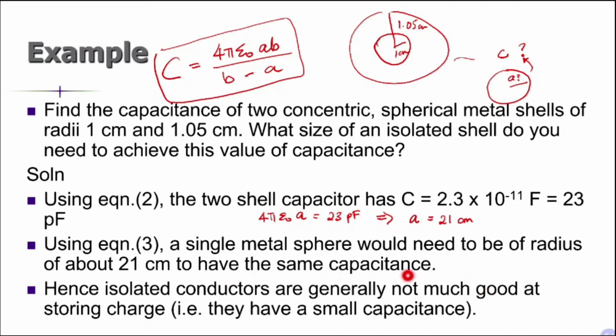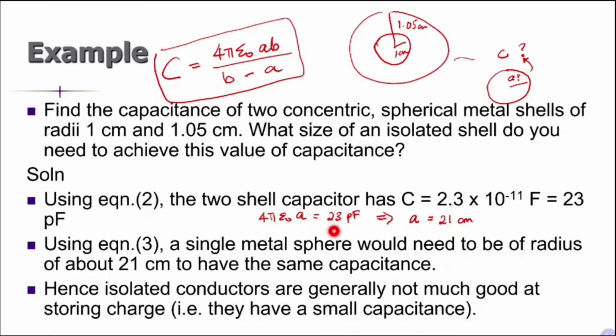Okay, so what this example illustrates is that if you have a metal shell of 21 centimeters in radius, which means that the metal ball is over one foot in diameter, that only gives you 23 picofarads.